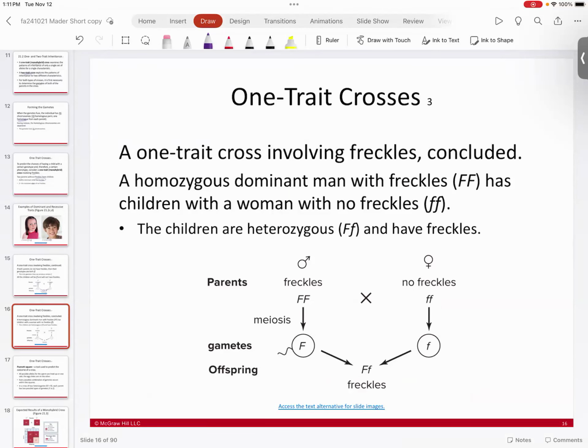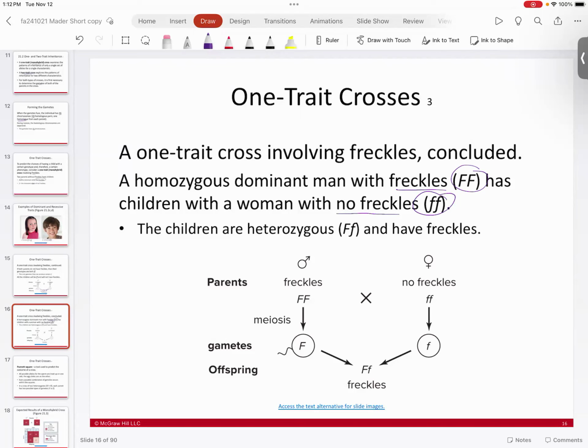So if you take a look at another cross, in this case, you're going to take a man who has freckles and he's homozygous dominant, so we know that one. And he is going to have a child with a woman who has no freckles, so that one is going to be recessive.